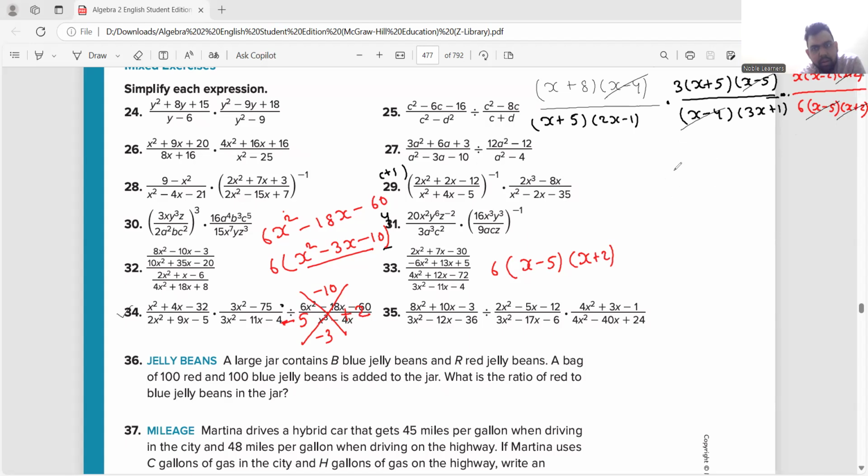That's it. Correct. Okay, one more thing actually. One more, 3 and 6. So 2 is left. Okay, then what's the answer? One more thing. X plus 5 and x plus 5, right? Okay, then what are you left with?